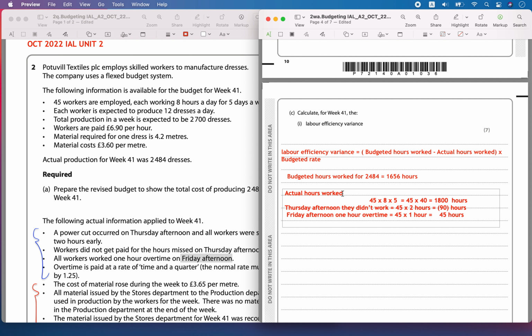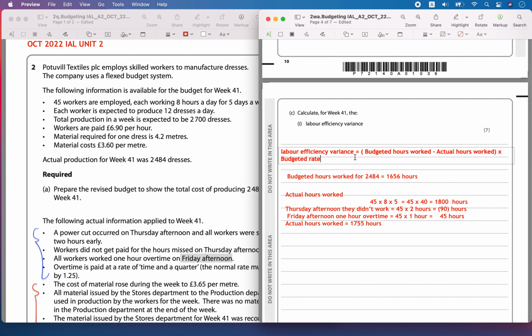So actual hours worked is equal to 1800 minus 90 plus 45. So they worked for 1755 hours.